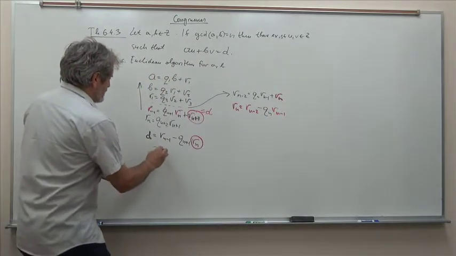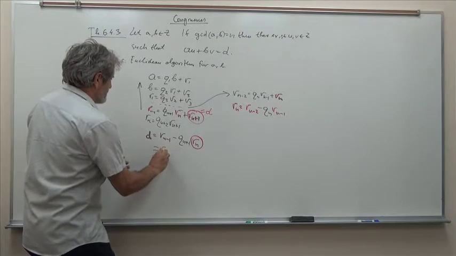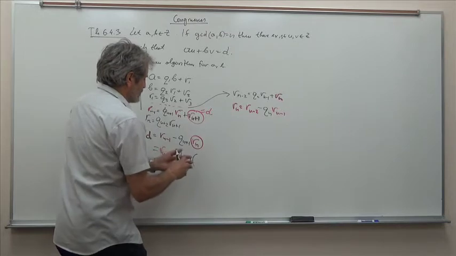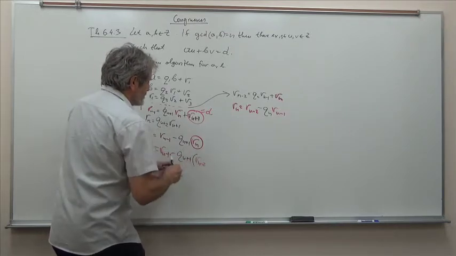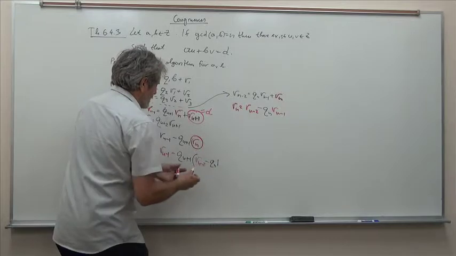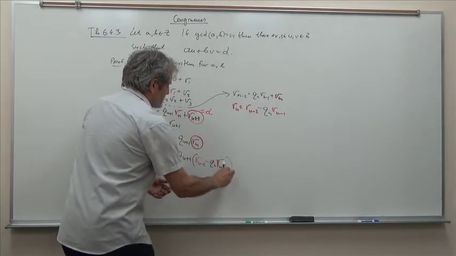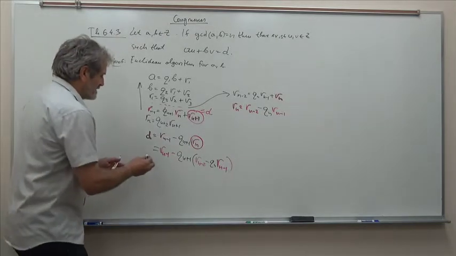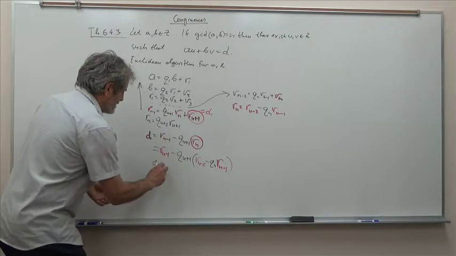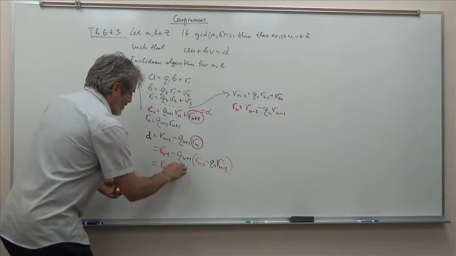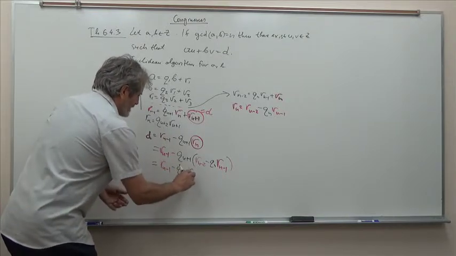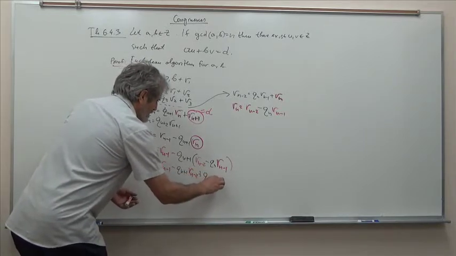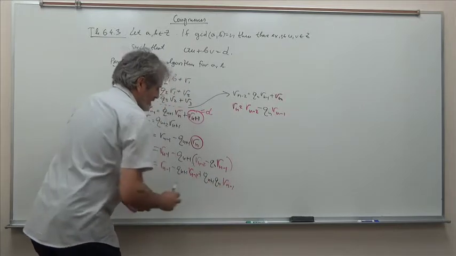So when I traded that, what do I get? R(n-1) minus Q(n+1) times Rn, where Rn is traded as R(n-2) minus Qn R(n-1). Never execute multiplication on R's, on those red ones. Do all the calculations with coefficients, but not with vectors. So it's R(n-1) minus Q(n+1) R(n-2) plus Q(n+1) Qn R(n-1).